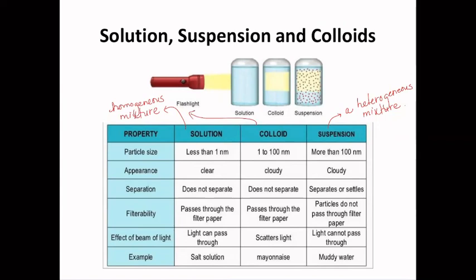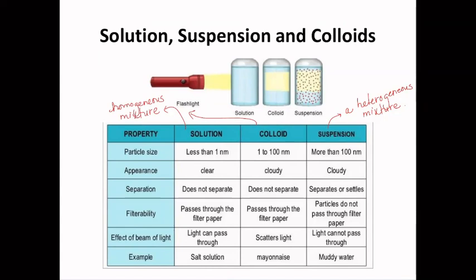But the difference between a solution and a colloid, as you can see, is the particle size, okay? While in a solution, the particle size of the solute in that solvent is less than 1 nanometer, for a colloid, it can go from 1 to 100 nanometers. You can see that the particle size for a suspension is actually more than 100 nanometers.